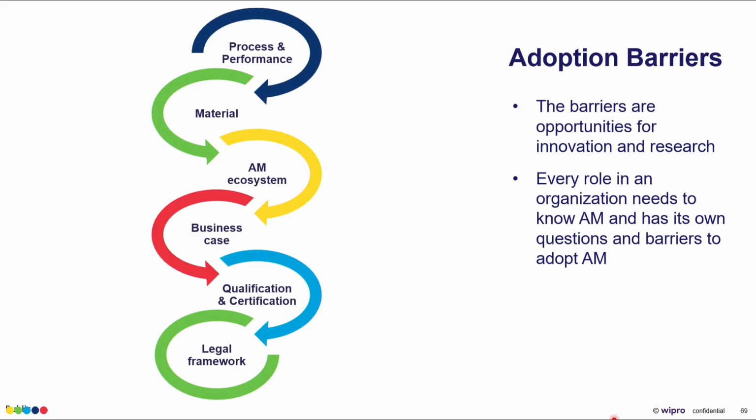When it comes to material, in casting you would have hundreds of metals that you can process, but maybe 30-50 in additive. So, that range of materials that can be printed has to improve.